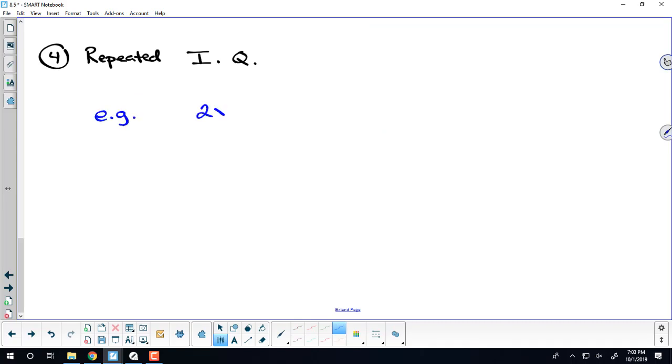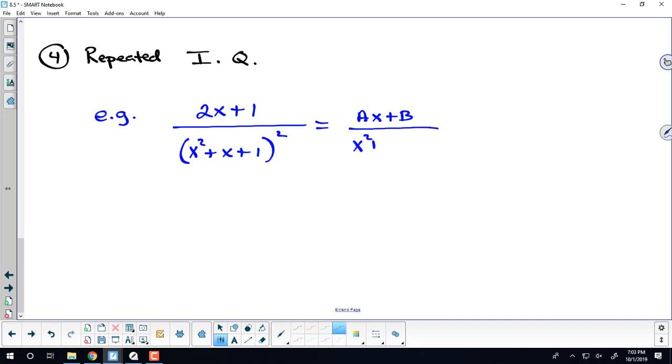So again, if we had something like x squared plus x plus 1, squared, for instance, we would say that's Ax plus B over that thing to the first power plus Cx plus D over that squared.